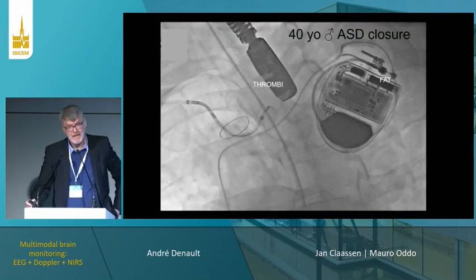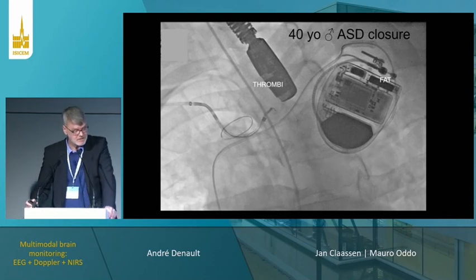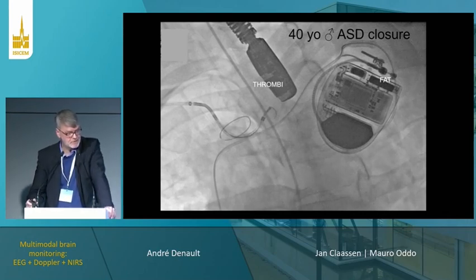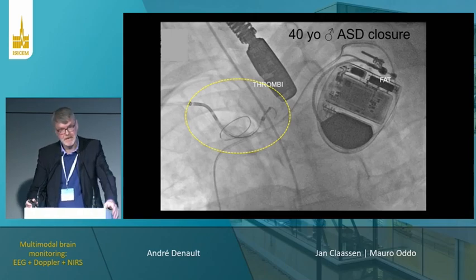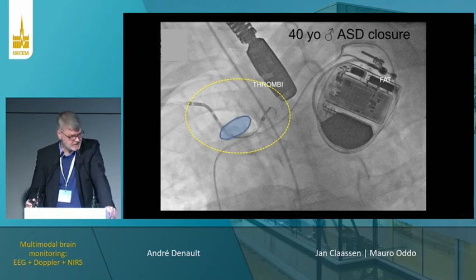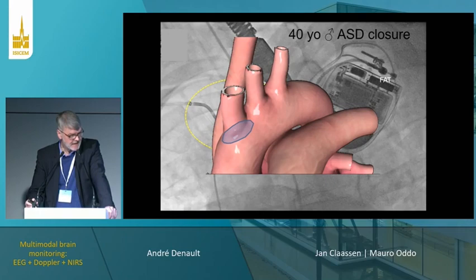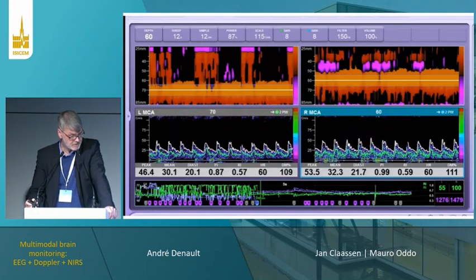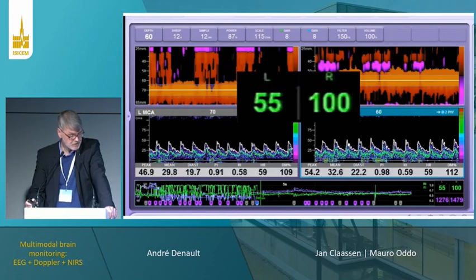There's now some device that's been used in the cardiology settings. This is a 40-year-old man who underwent an ASD closure, and it's a device which picks up the emboli or the clots, and the device is just positioned at the innominate artery. So this is an example of a patient. This patient had I could just pick up like 55 and 100 emboli.